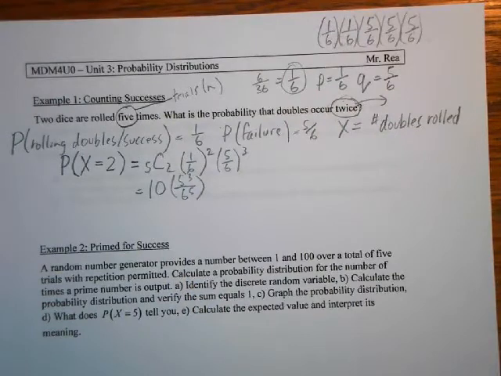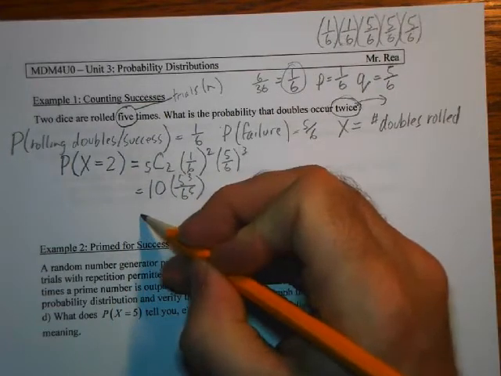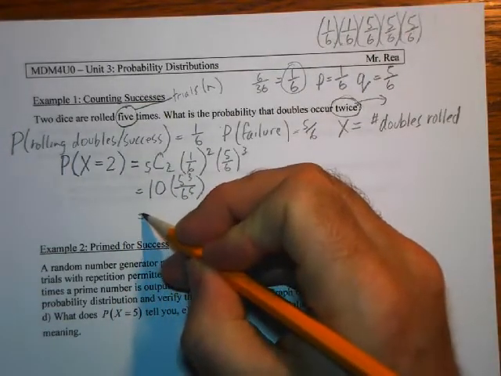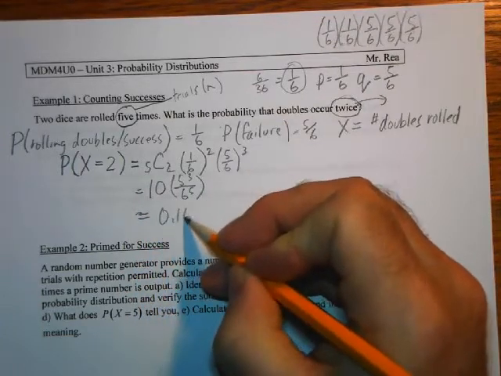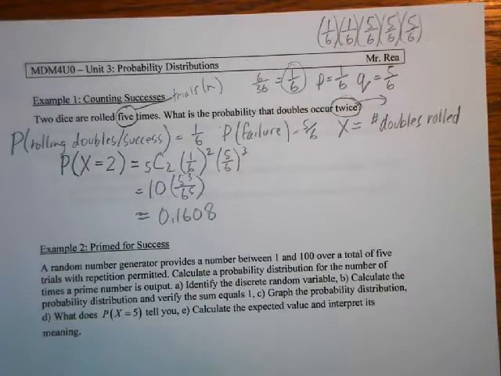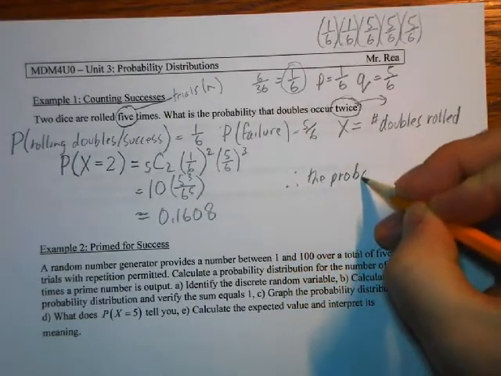So if I'm doing it on a calculator that doesn't have fraction abilities, that's what I'm going to do. So I multiply this all out, and I get approximately 0.1608.